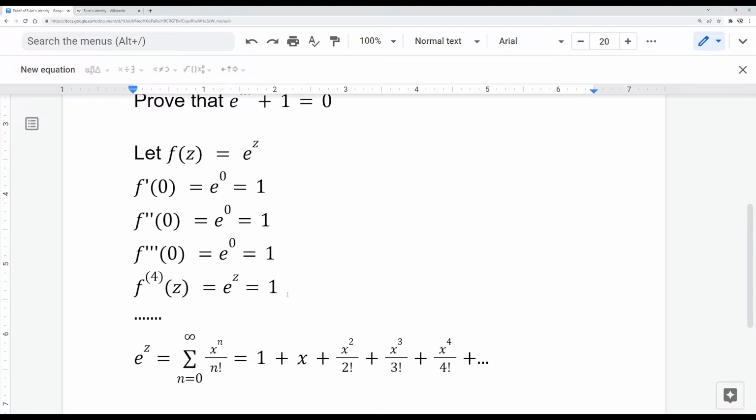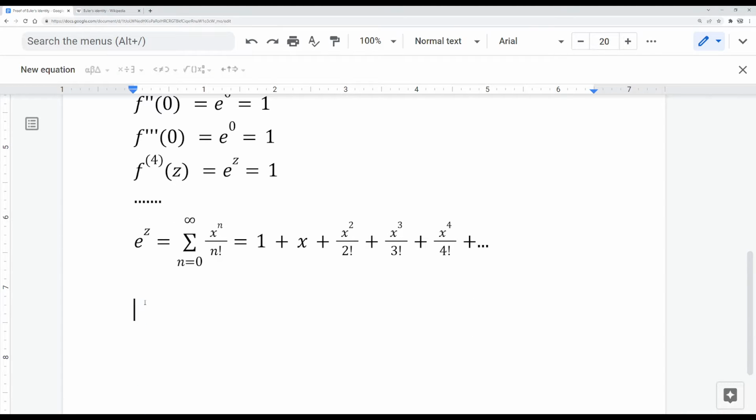And let's get this here. So we're going to let g of z equal sine of z. And now we're going to get the first derivative of g. That's just cosine of z.